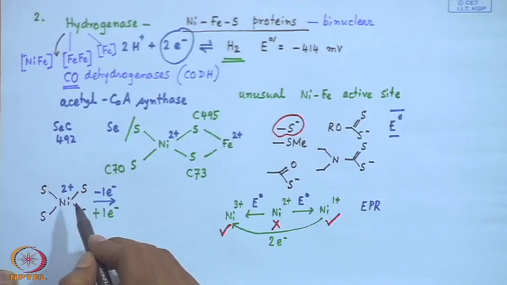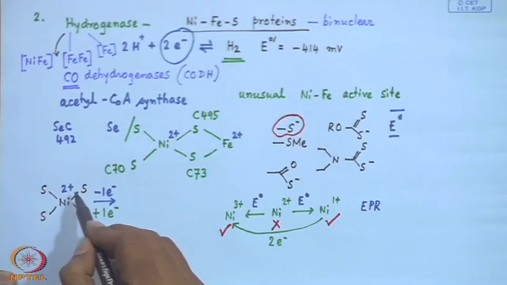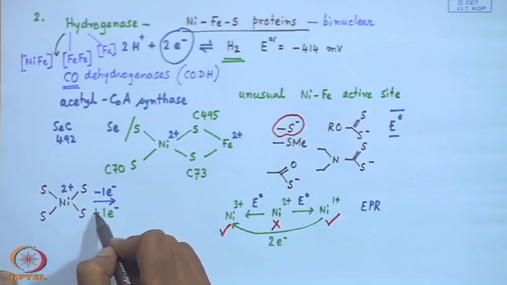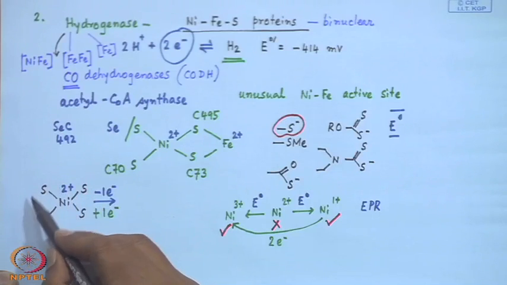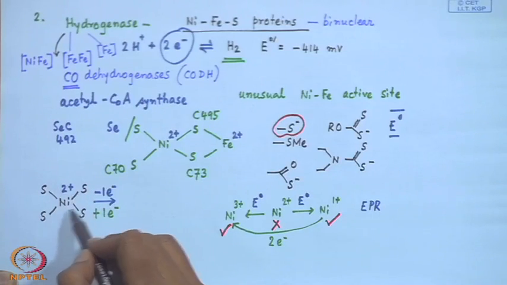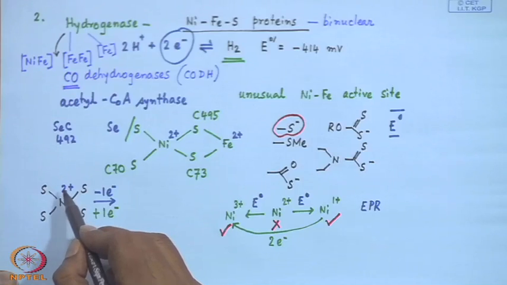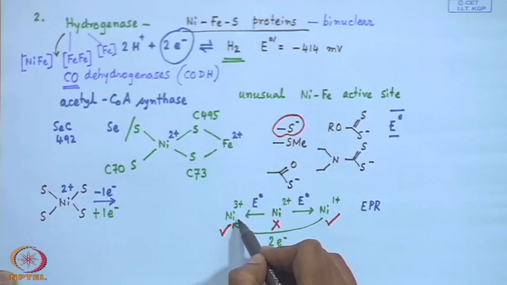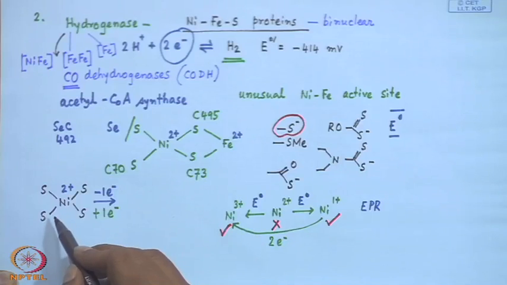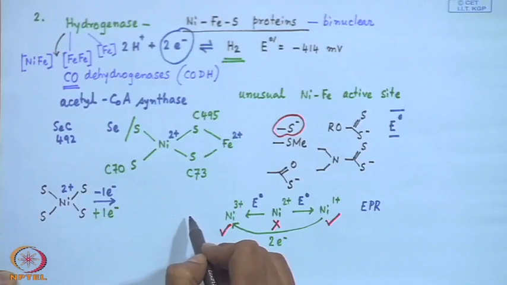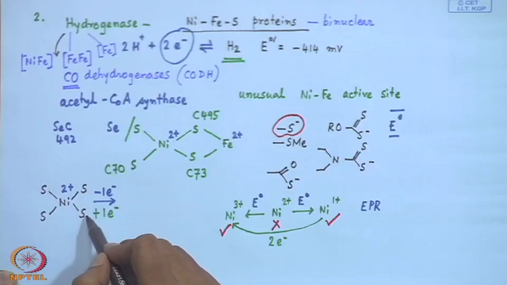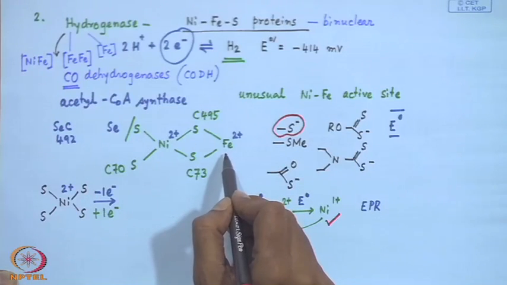So, if you have the cysteine sulfur over here and it is neutralizing the nickel, so you have 1, 2, 3, 4, 4 negative charges which are not sufficient for the corresponding charge neutralization on the nickel 2 plus. So, either it can go for an oxidized form in the +3, where the overall charge on the complex would be less, or this sulfur can be used for bridging the second metal center.